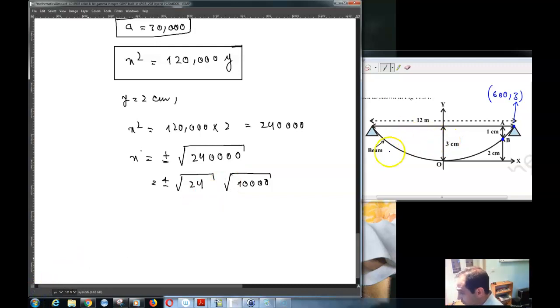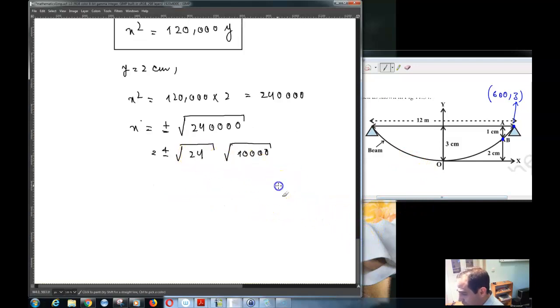To get to the answer, 24 is 2 times 12, and 2 times 6, and 2 times 3. So you can write the square root of 24 as 2 times the square root of 6, and the square root of 10,000 is 100.